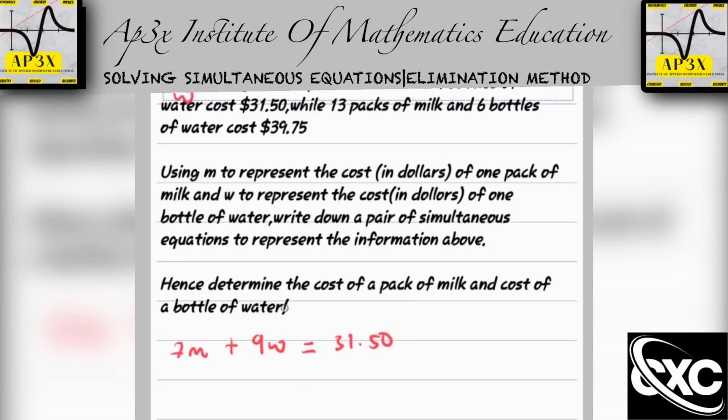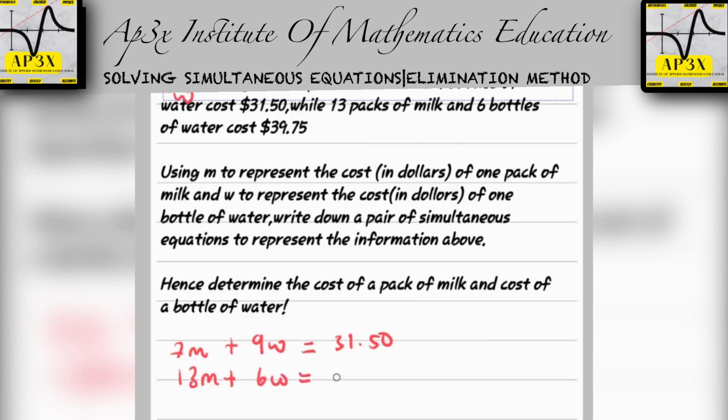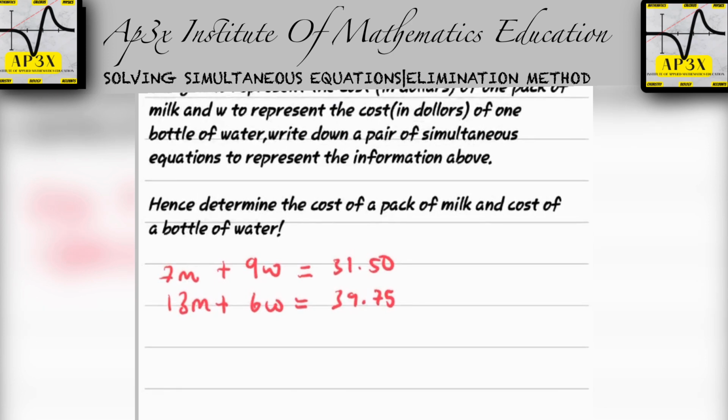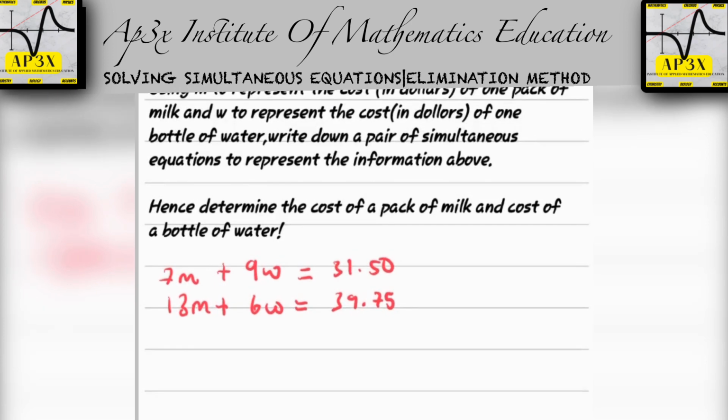And then of course we have 13 packs of milk. So that's 13M added to 6 bottles of water, that's 6W. That equates itself to $39.75. And so we've just created our equations by reading the information. And that's it. That is how you create the equations, right? Most times when it's a worded question, it's a plus equation.